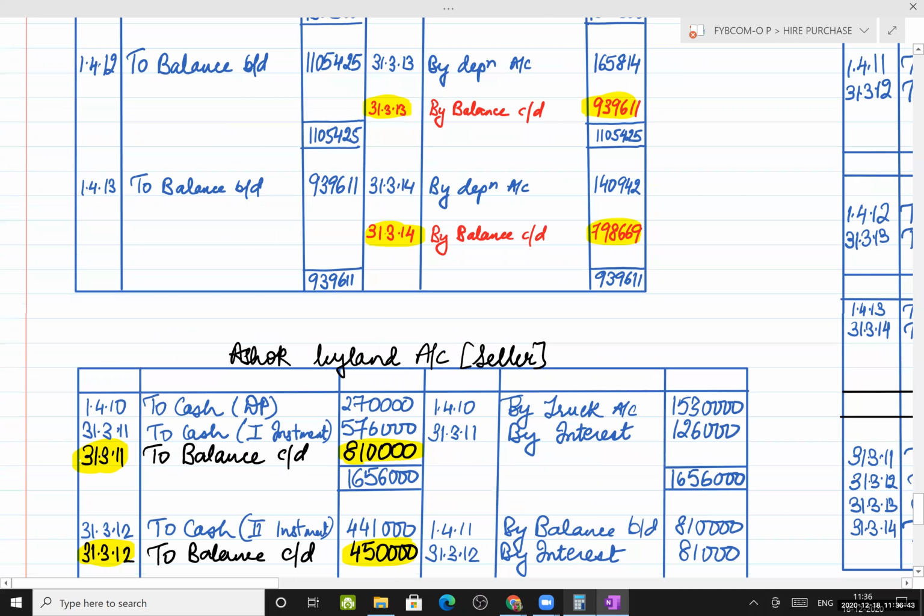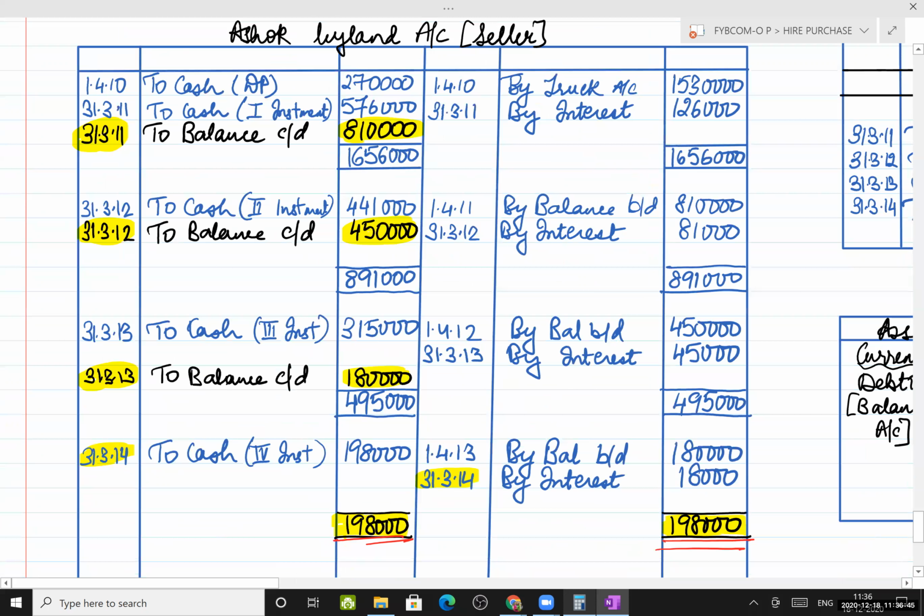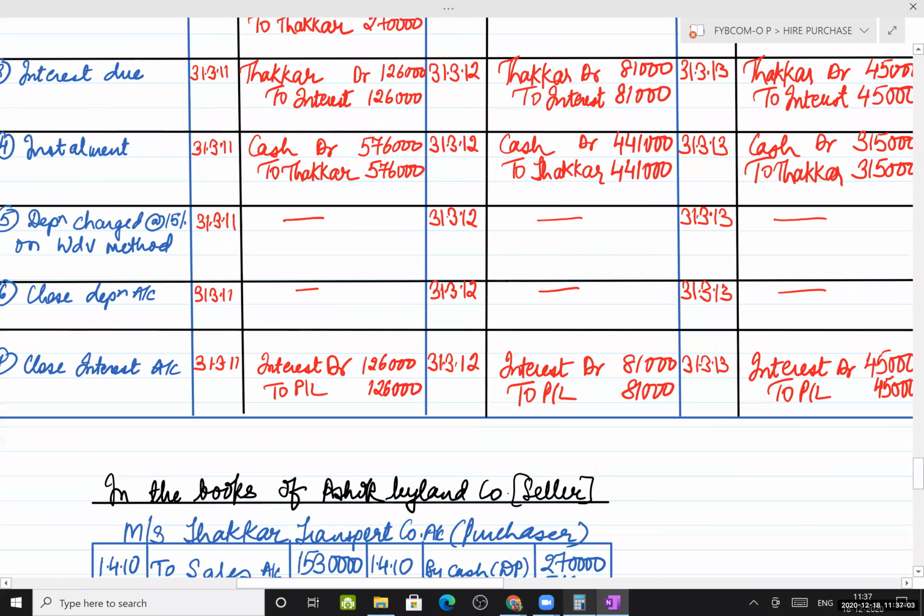Then this seller's account. Seller's account will have what? Only the outstanding balances will come in the seller's account. So this you will get from working note number 1. It is there in working note number 1, right? We have got these figures. I will show it to you in the working note. We have got these figures.